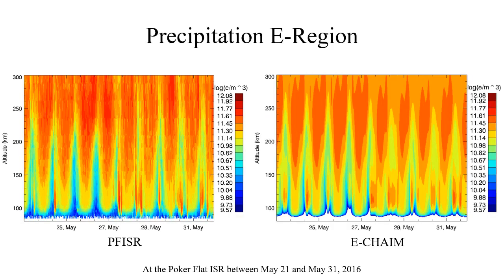So we implemented this mean energy and flux model and tested against some Poker Flat incoherent scatter radar data. Here on the left is the data from the Poker Flat incoherent scatter radar, and on the right is the corresponding ESHAME electron density, where you can see a number of precipitation events in both the data and the model.